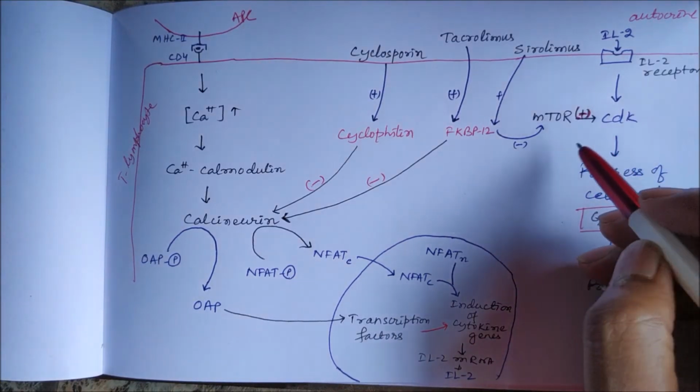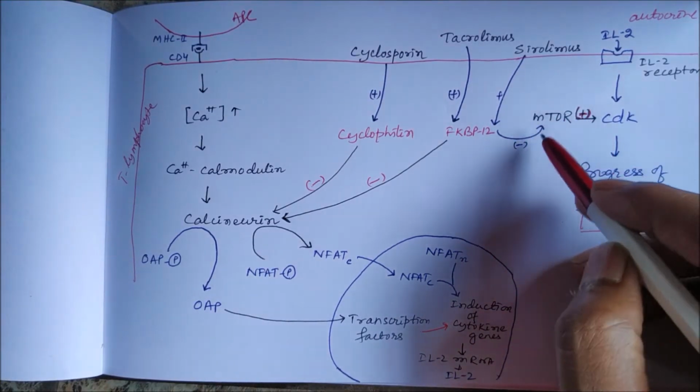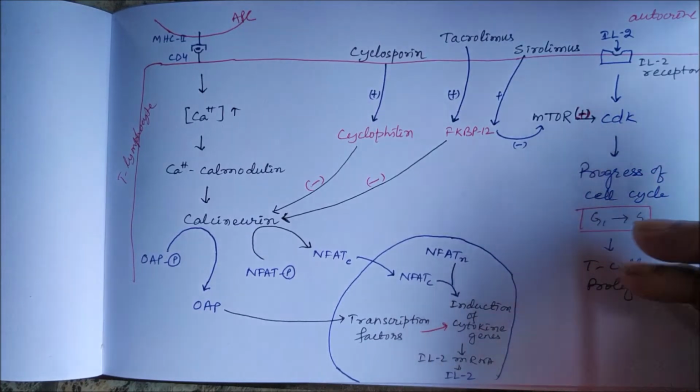And mammalian target of rapamycin activates the cyclin dependent kinases.